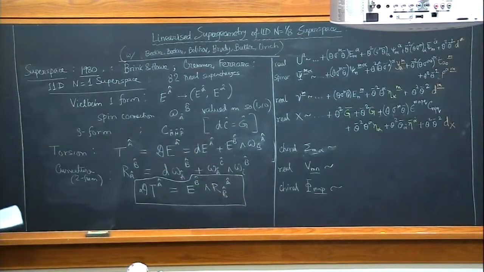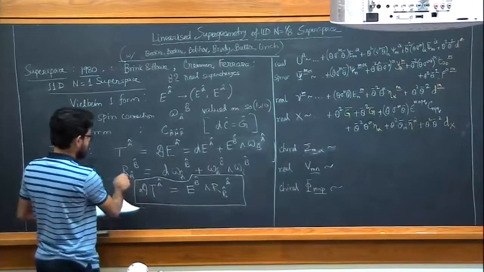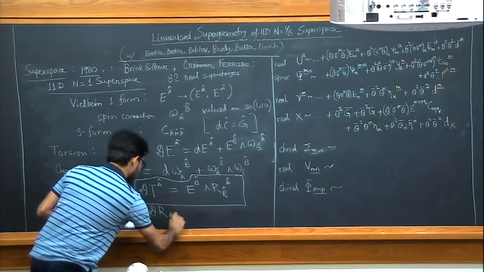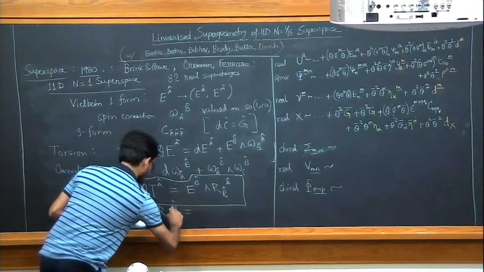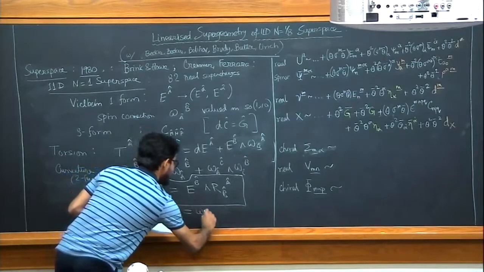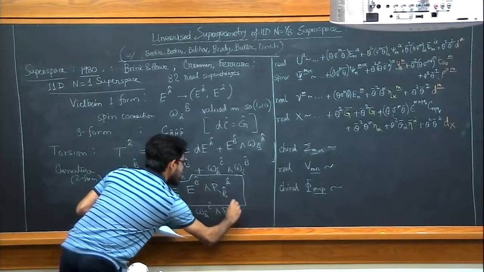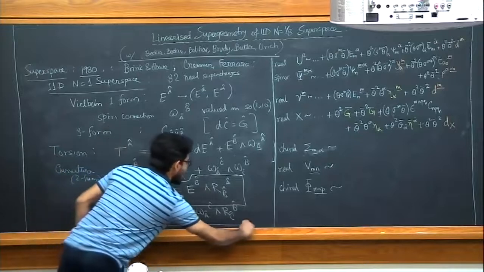Okay, and then you can also show that there is a Bianchi identity satisfied by R also, which goes as dR is equal to omega AC wedged with R CB.